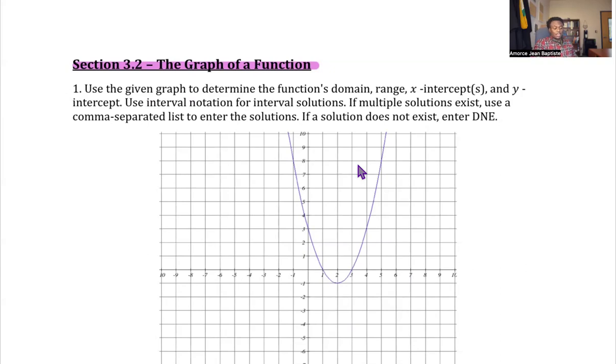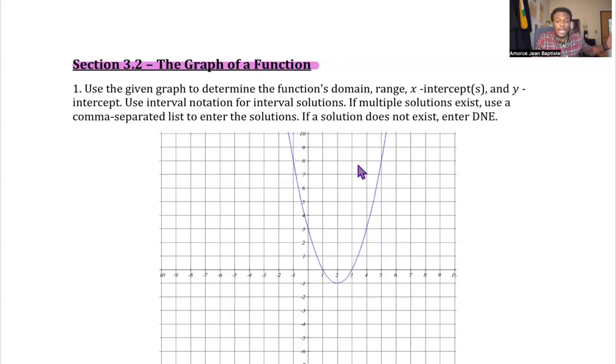The first things that we need to find are the domain and the range. Now, the concepts of domain and range are about all the x values. Remember, we talked about that in lesson 2.3.1.